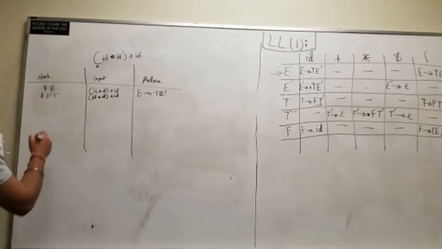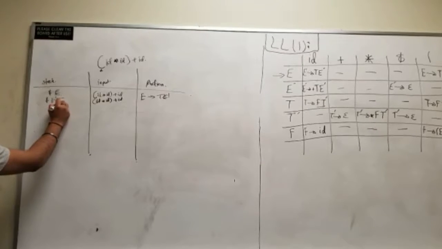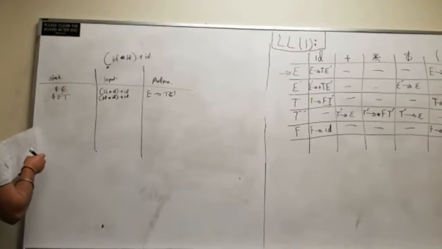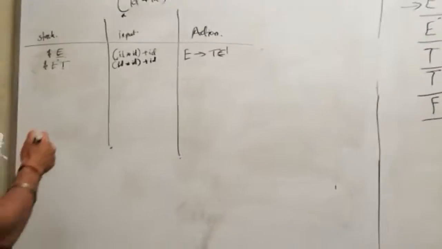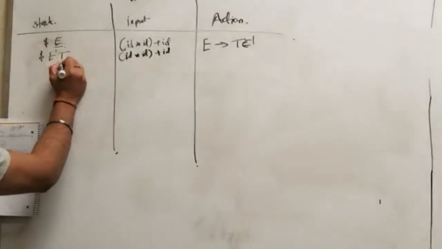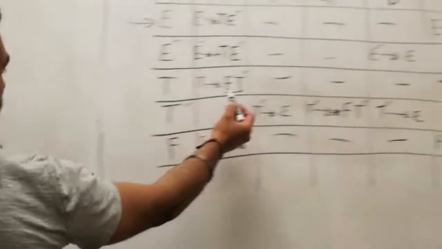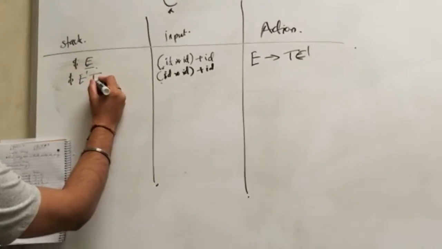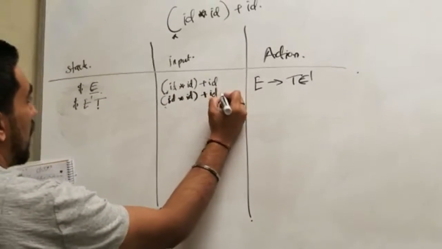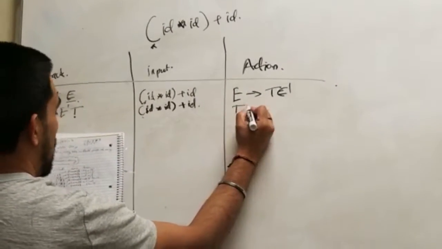Now for T, we have to parse from the table because we didn't get the open parenthesis. For T it is FT bar. So in the next step we'll write the action which we are going to perform.